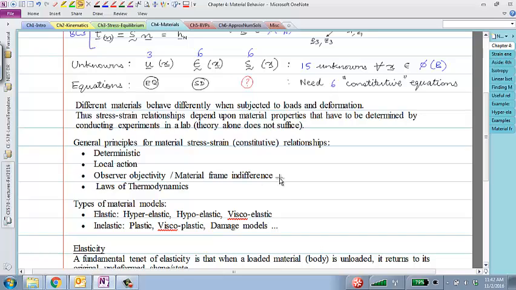We've already talked a little bit about observer objectivity or material frame indifference, which means basically that whatever relationship between stress and strain you develop has to be observer independent.